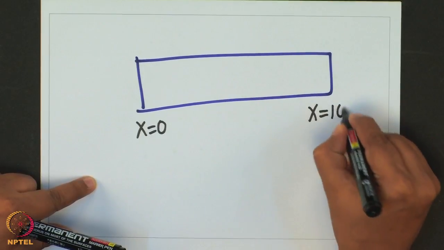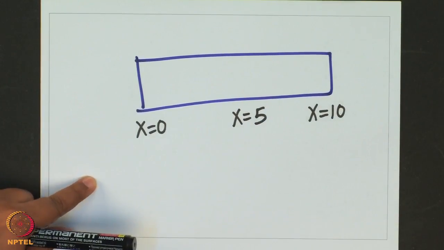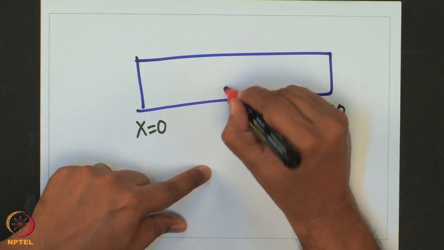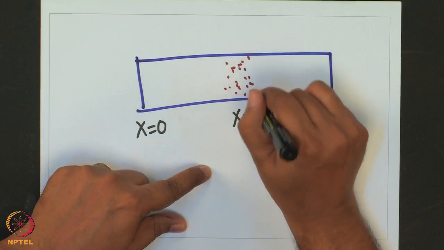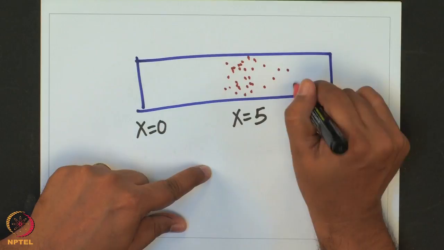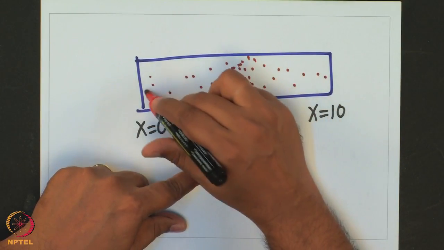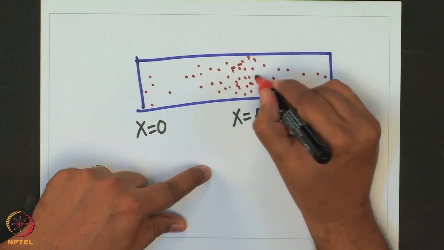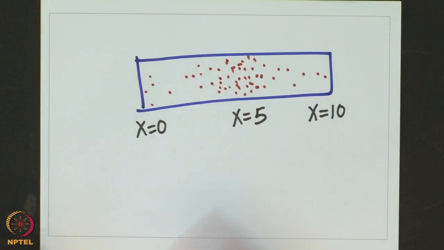Here it is x equal to 10, and somewhere in the middle it is x equal to 5, all in micrometers. The concentration of protein is very high in the middle where x equal to 5, and as I go along, it will be lower and lower concentration. With high concentration in the middle and lower concentration to either side, the flow should happen to either side.